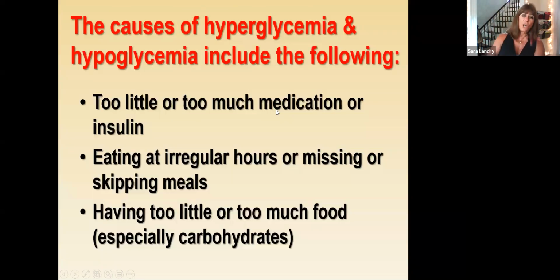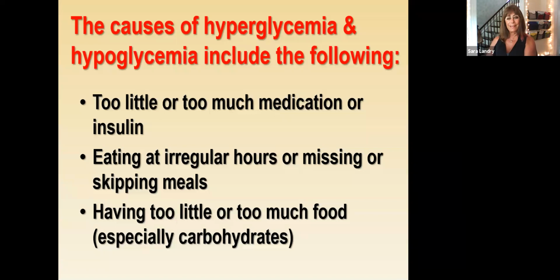Okay, the causes of hyper, too much sugar, and hypo, not enough sugar, are all caused by the following things: too little or too much medication or insulin. So the first thing, if you find that you're hyper or hypoglycemic, is you want to get your medications checked to make sure they're working.